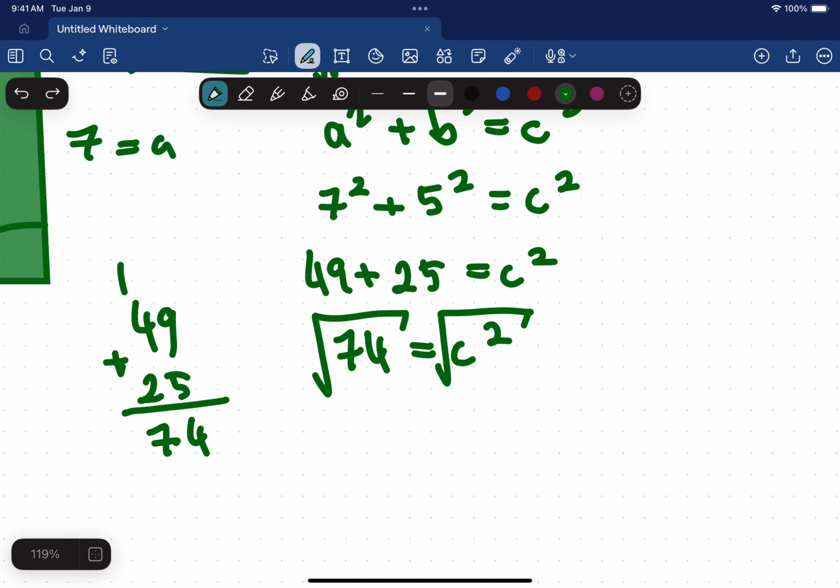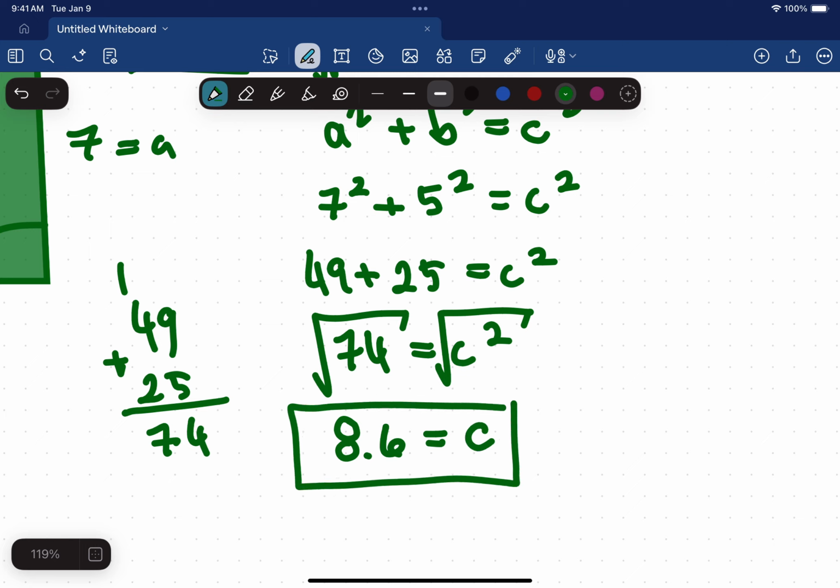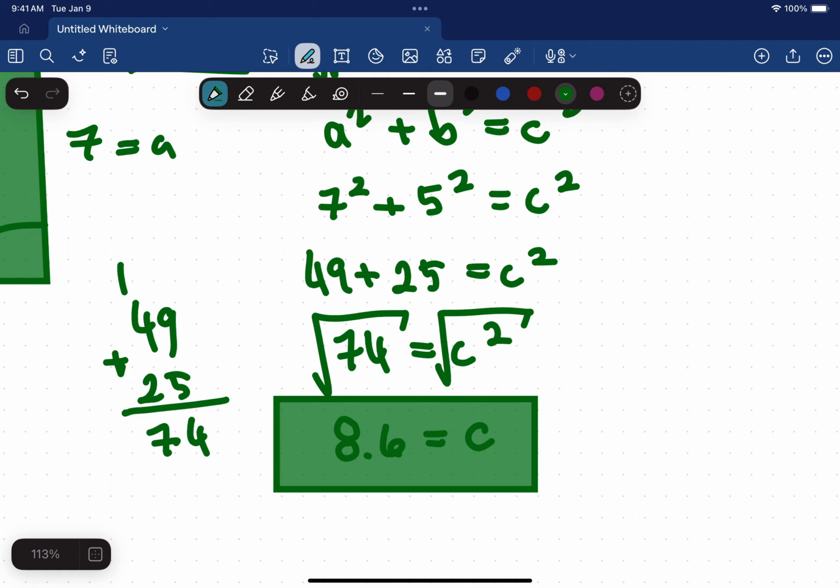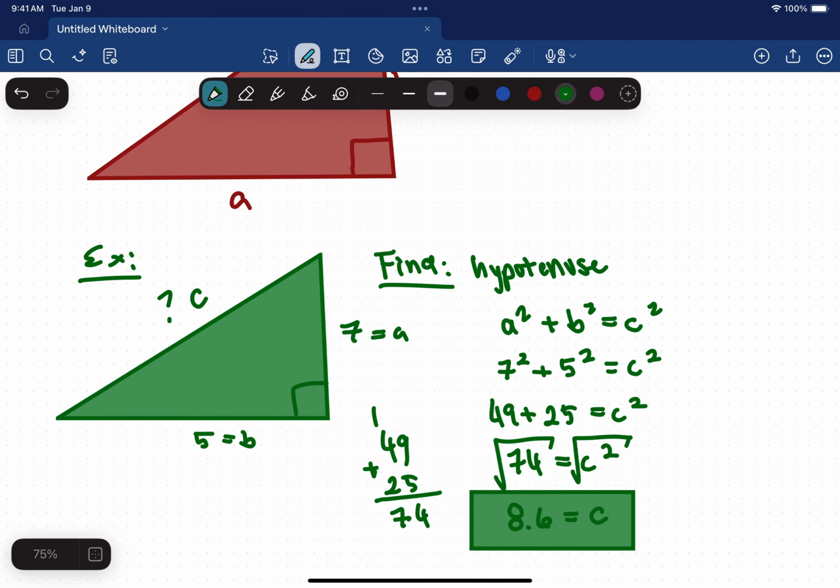So, let's take out my calculator. Now we will do square root of 74, and it is 8.6. The squared cancels out the squared, so it is just C. So our answer will be 8.6 equals C.